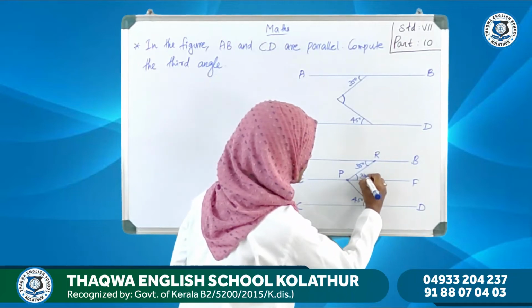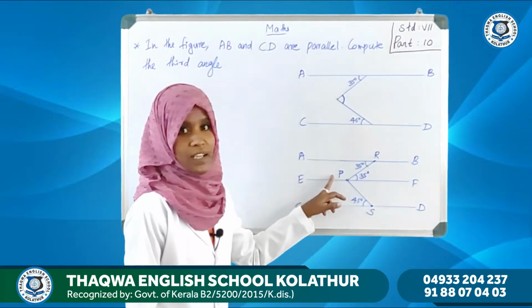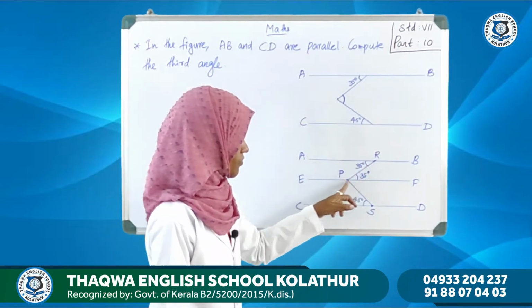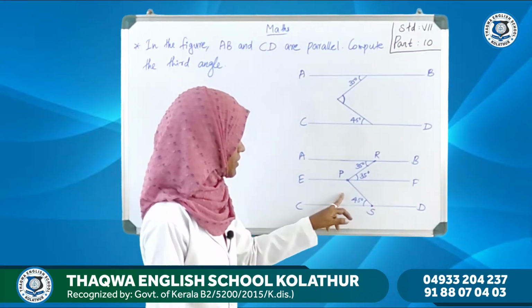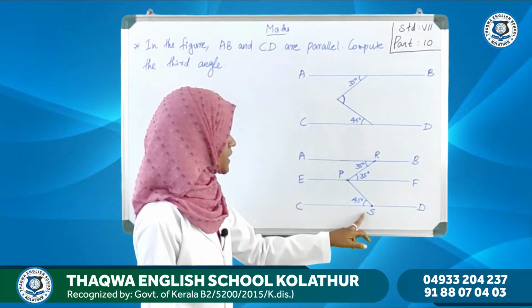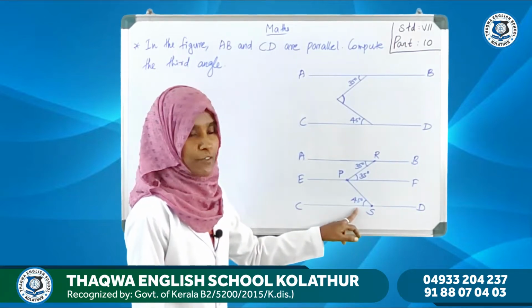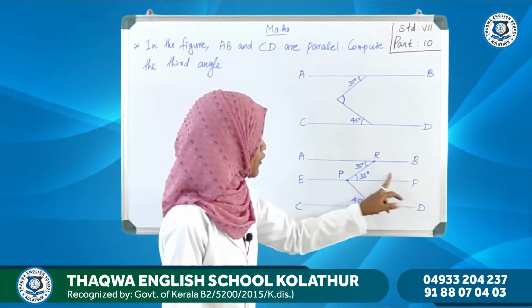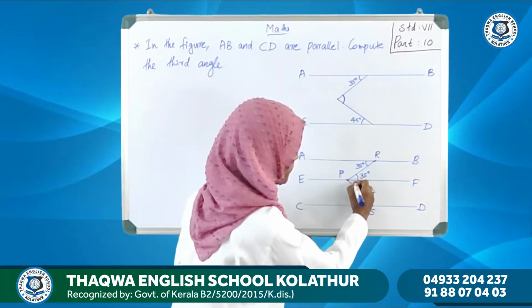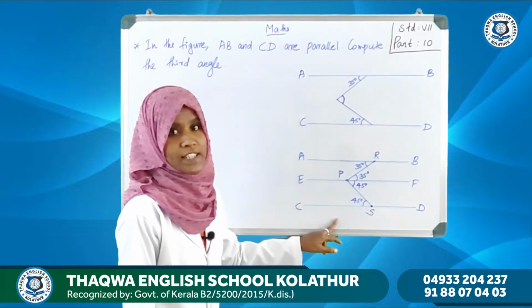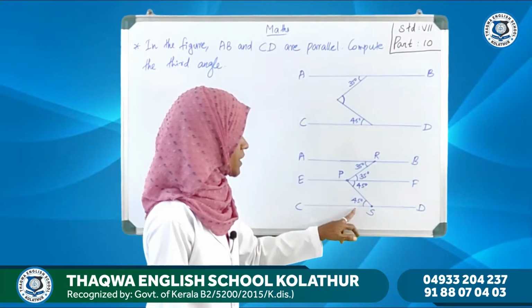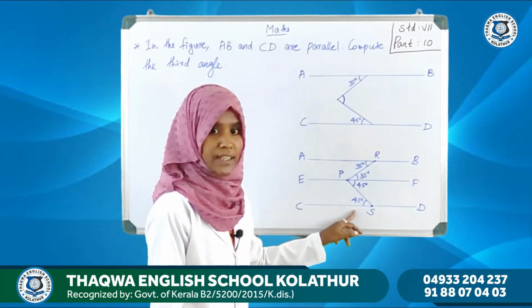This is also 35 degree. What is the reason? These are the alternate angles. Then angle CSP is 45 degree. So, angle FPS is also 45 degree. What is the reason? These two are the alternate angles.